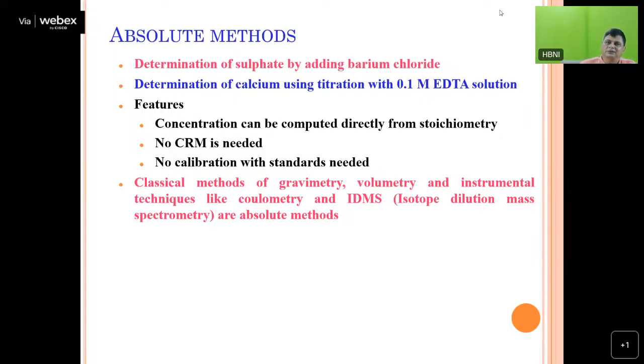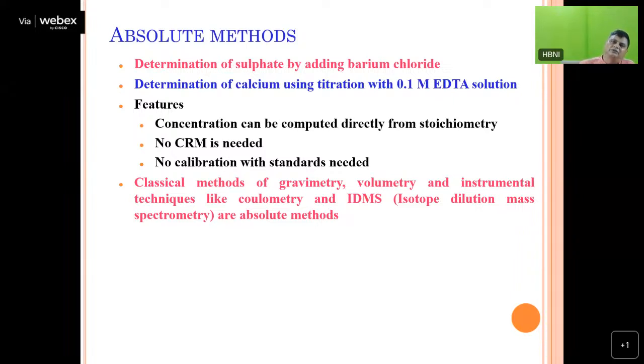For example, the determination of sulfate by adding barium chloride and then doing the determination by gravimetry. Similarly, determination of calcium using titration with 0.1 M EDTA solution. These two techniques do not need any kind of CRM, no calibration with standard solutions. You don't have to use various concentrations of sulfate and then do the determination by the barium chloride method.